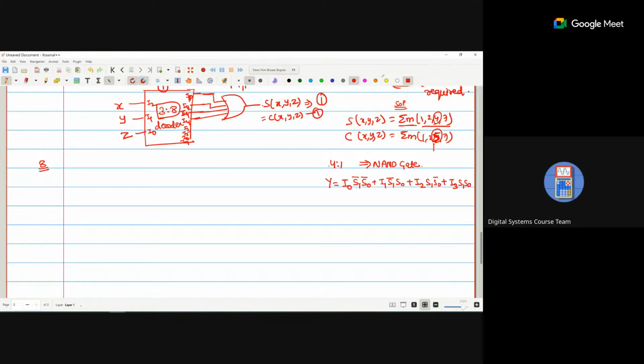Now, for I naught and S naught, we require AND gates, and basically we require complemented outputs. So I take S1 and S1 bar and connect them with one AND gate, so here I am getting S1 bar and here S1.